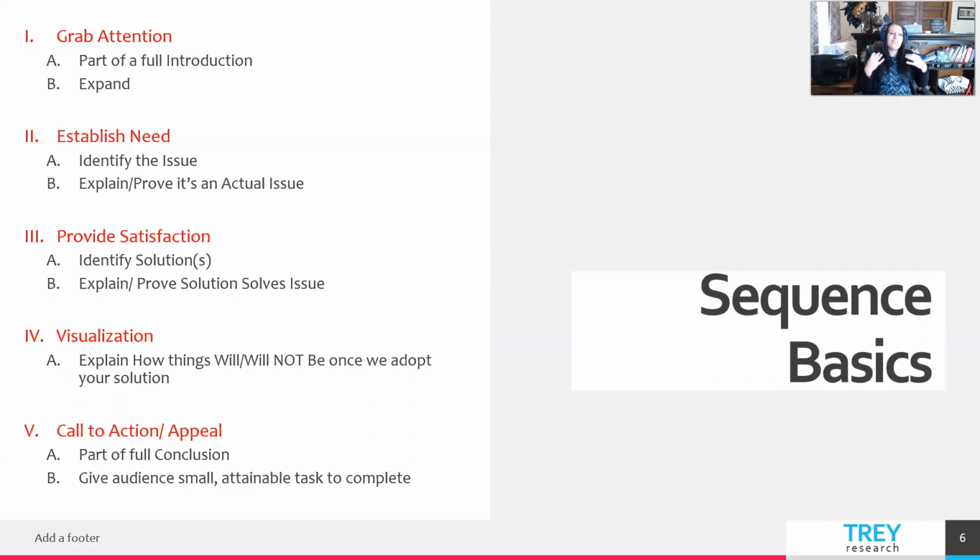Third main point, visualize, help your audience see what the world is going to be like once that problem is resolved. And then lastly, as part of a complete conclusion where you review and go through your thesis again, you assign us a small, doable task that we can accomplish in order to improve the world.